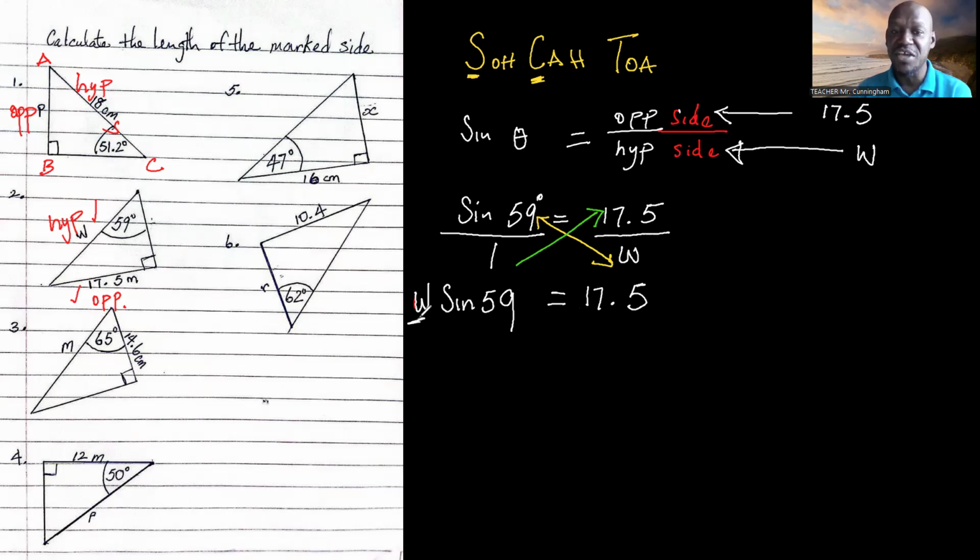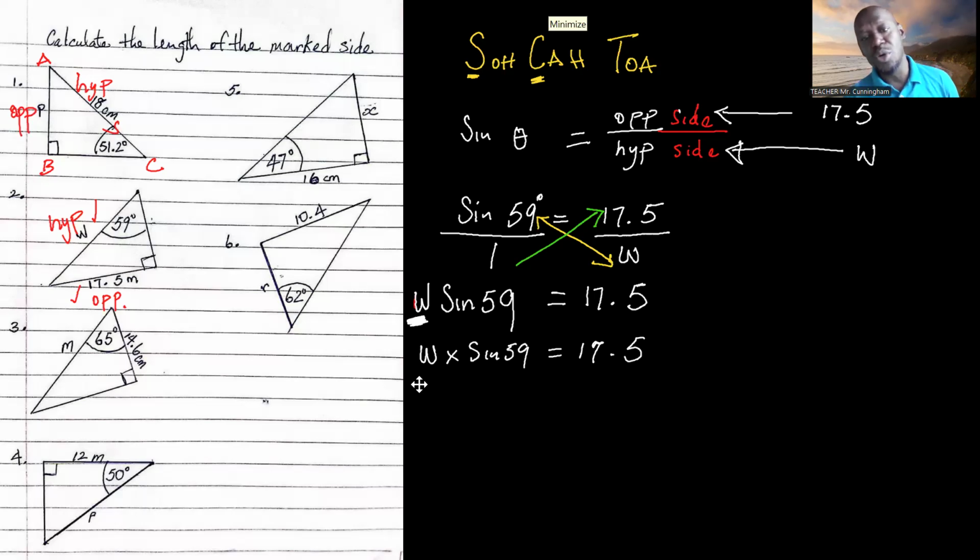But I want to find for W, people. But this is W times sine 59 equals 17.5. I can answer. Right. So to switch that, you have to say W is equal to 17.5 divided by sine 59.